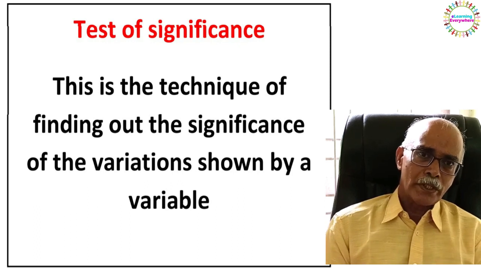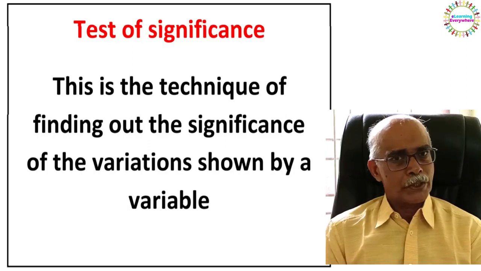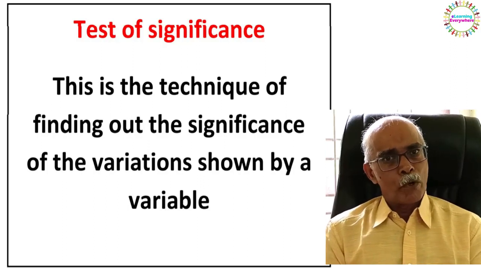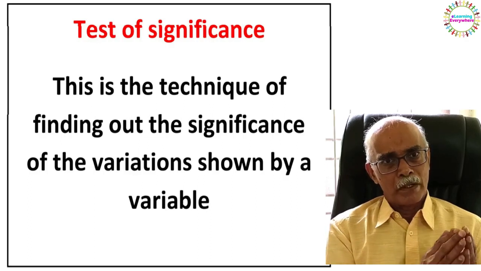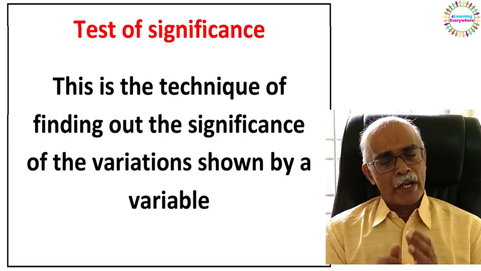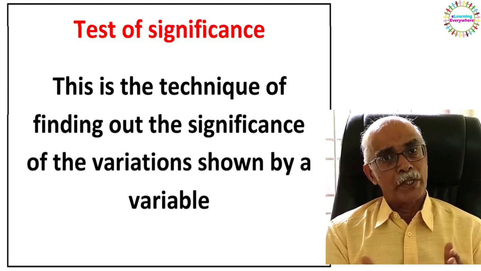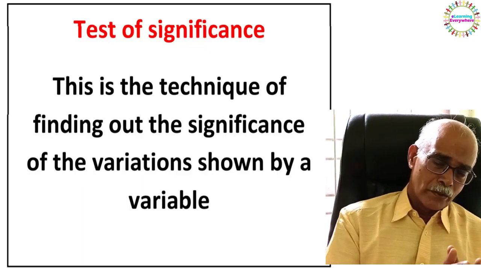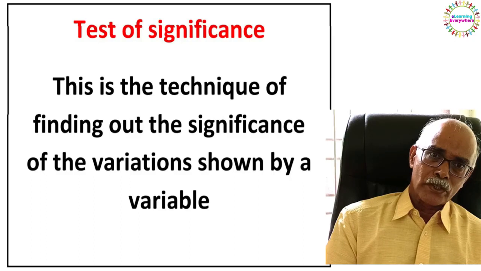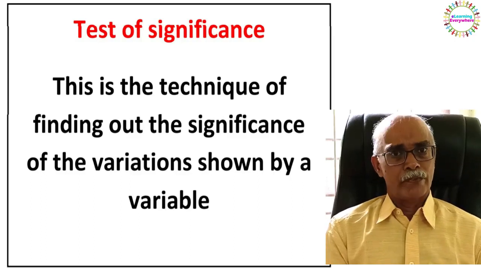Tests to see whether the variation in population A and variation in population B, or variation of a particular variable, the variable X in the first population and the variable X in the second population, whether the variation is significant or not. So to find out that, we carry out certain tests, and they are called tests of significance.